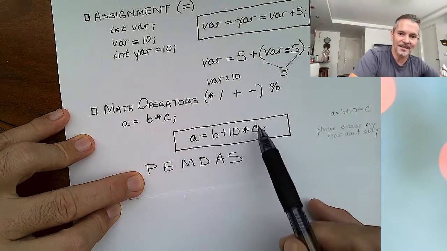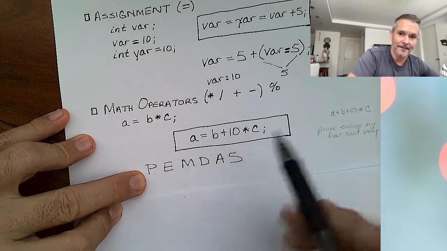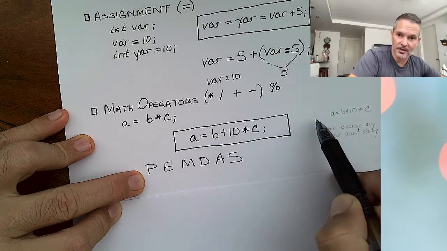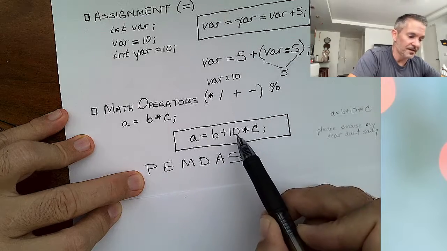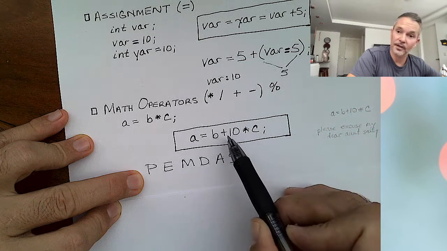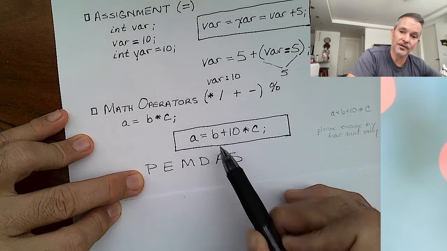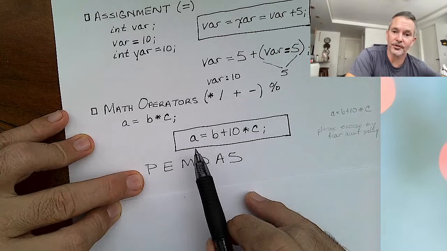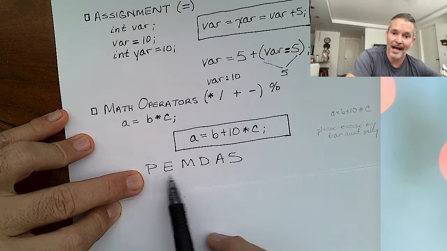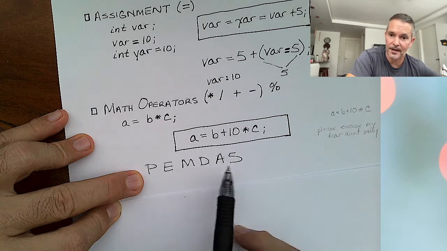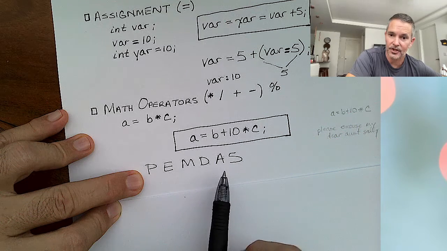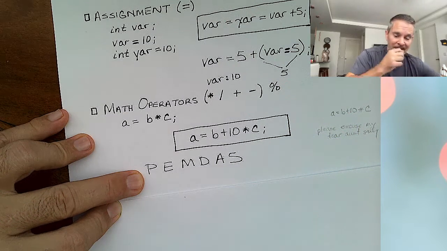So in this statement, it is defined that you must evaluate all the multiplications first. So we would say 10 times C, C is 0. Now we can do the addition, 0 plus B equals 3. So the result of this will be A equals 3, based on this acronym here. Please excuse my dear Aunt Sally. Parentheses, exponents, multiplication, division, addition, and subtraction.